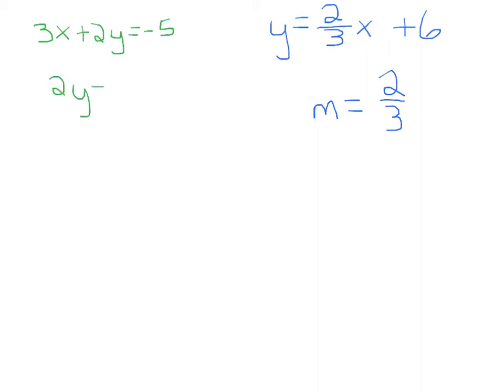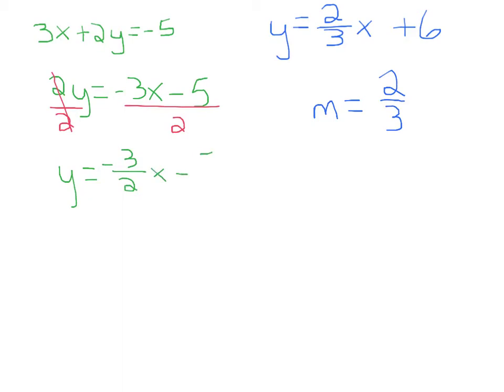So 2y equals negative 3x minus 5. And now we have to divide everything by 2. So y equals negative 3 over 2 x minus 5 halves. So in this case, the slope is negative 3 over 2.